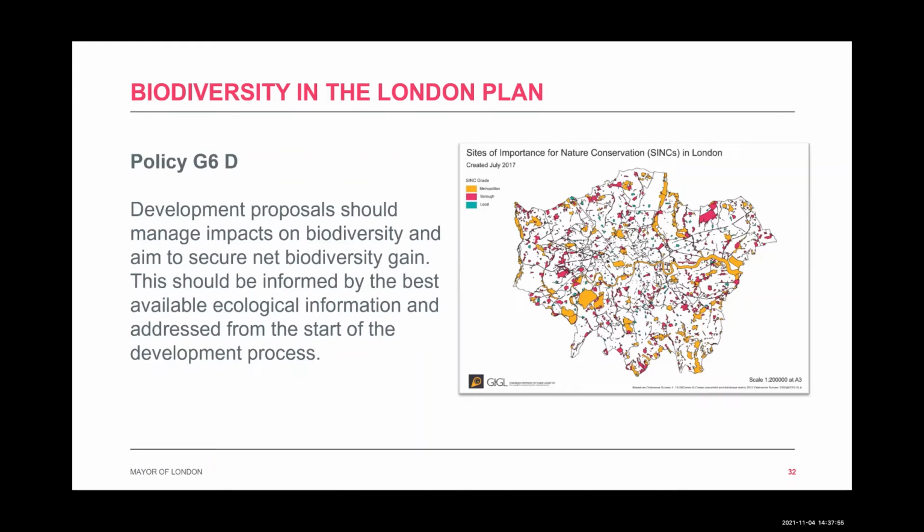And boroughs, through the plan, are required to identify these and also to protect them in planning decisions. But the plan also introduces a requirement for developments to aim to go further than protecting biodiversity and satisfying the legal compliance issues that many of you will be familiar with, perhaps around bat roosts or breeding birds, for example, to actually look at how developments can deliver an overall benefit for wildlife, a biodiversity net gain.